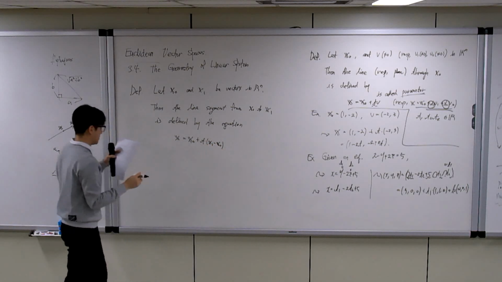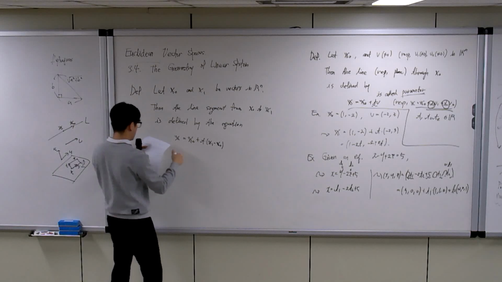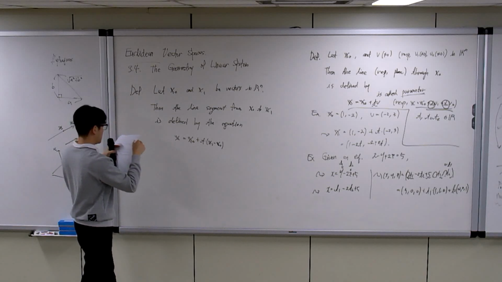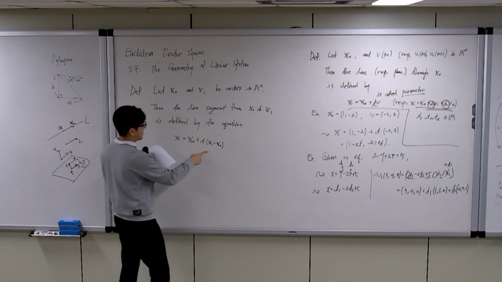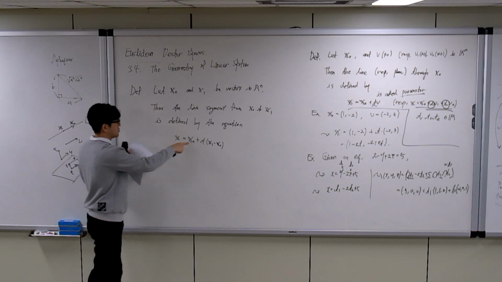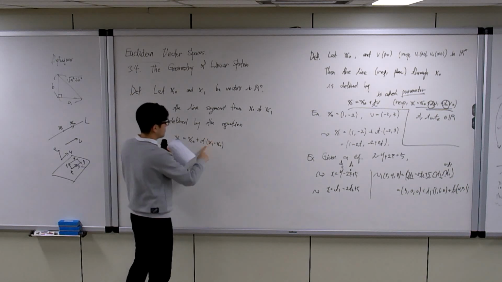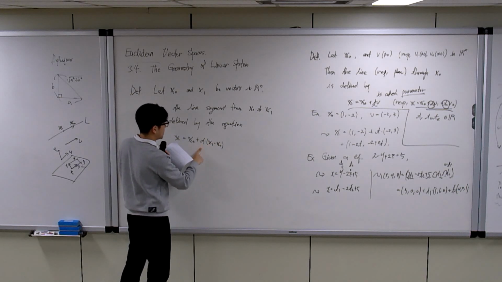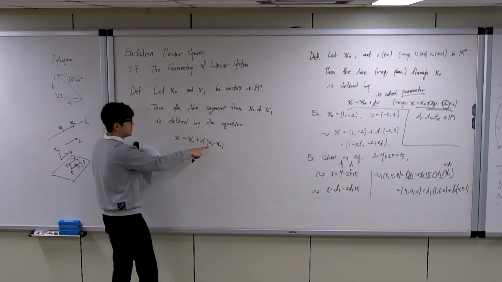By using this form, you can calculate that when t equals 0 it goes to x0, and when t equals 1 it will be x1.